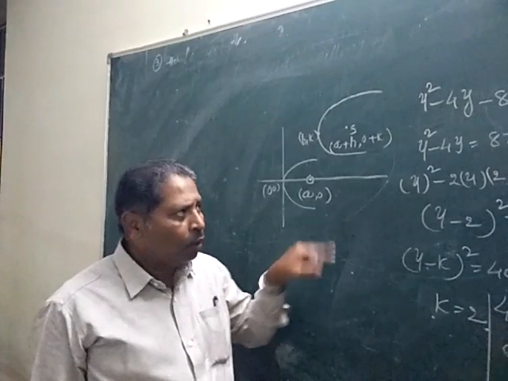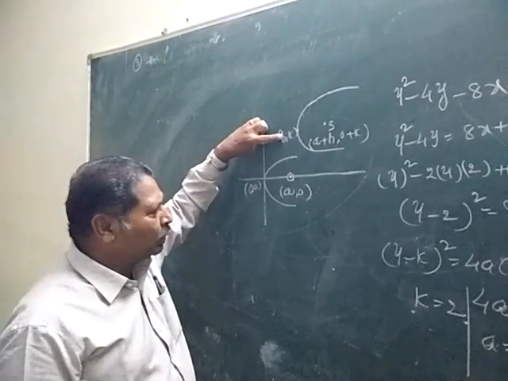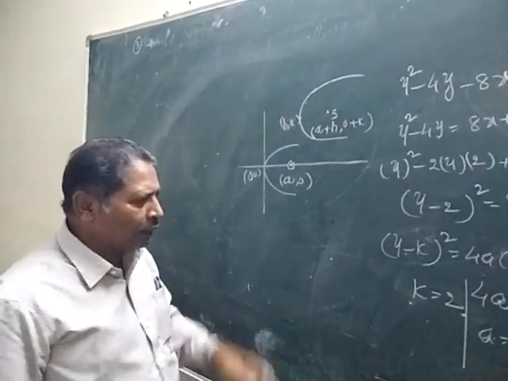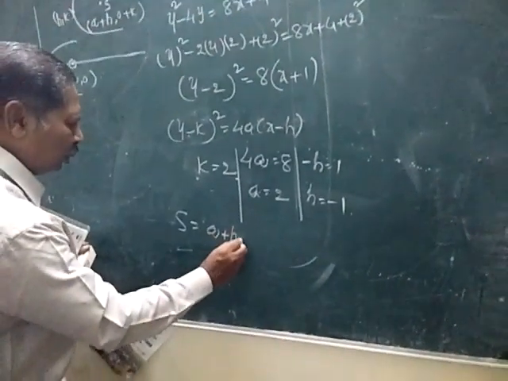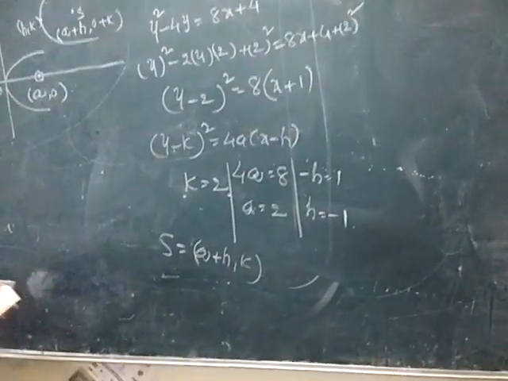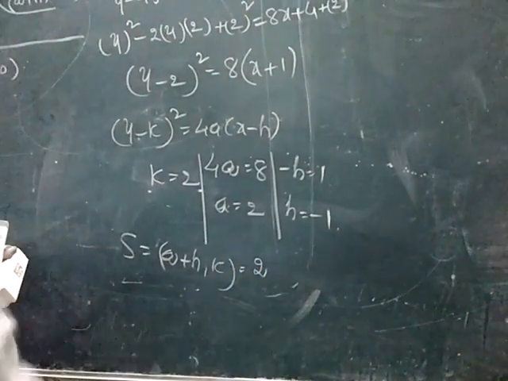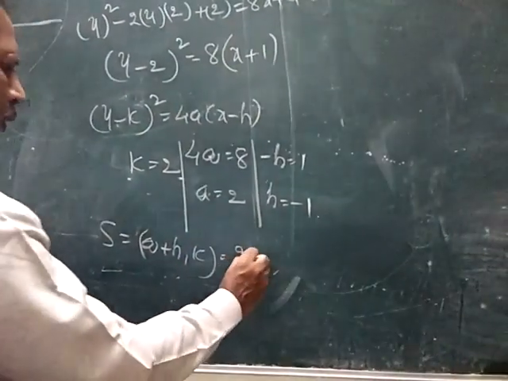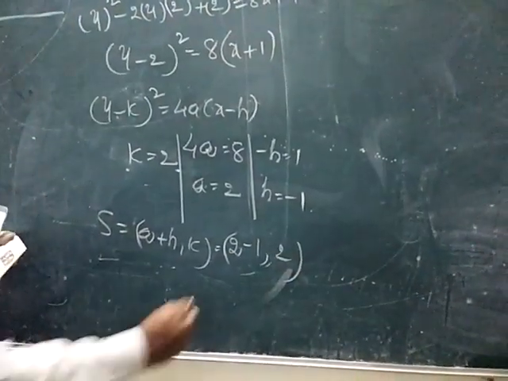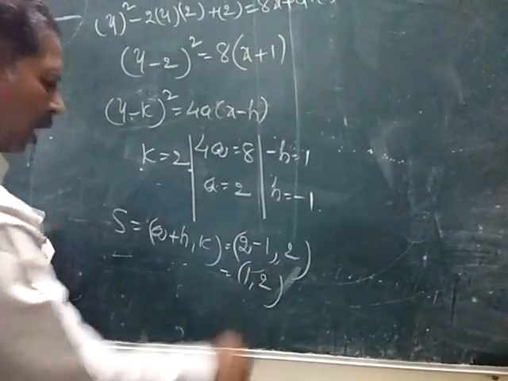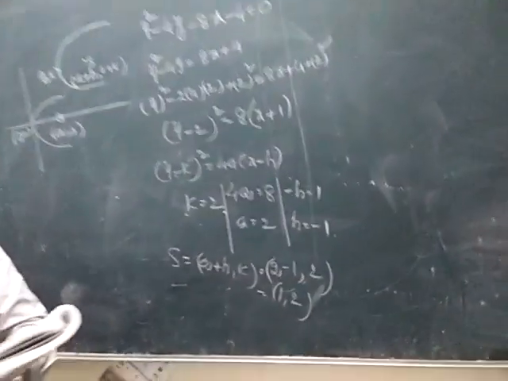So focus is a plus h comma k. A value 2, h value minus 1, k value 2. So the answer is 1 comma 2.